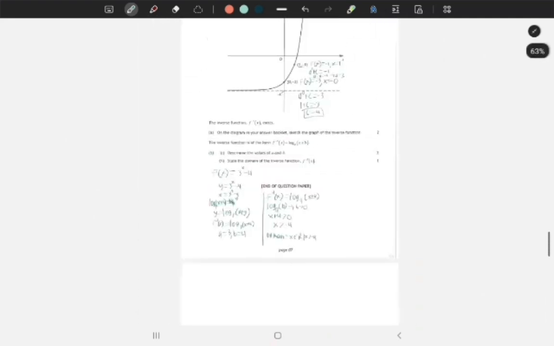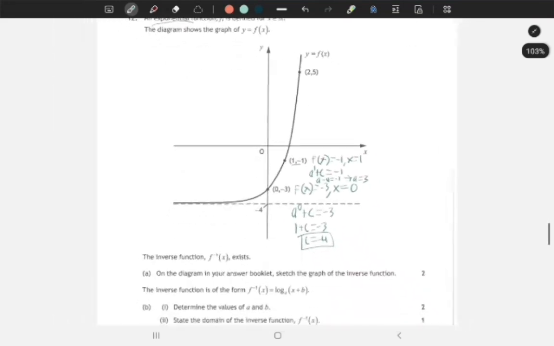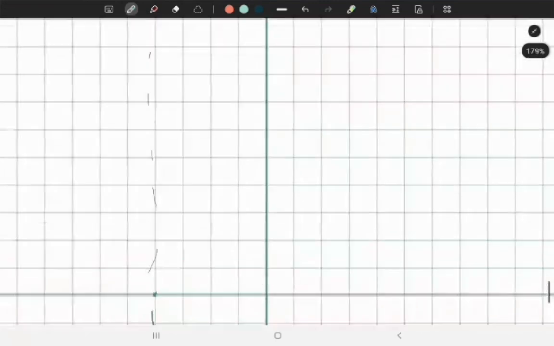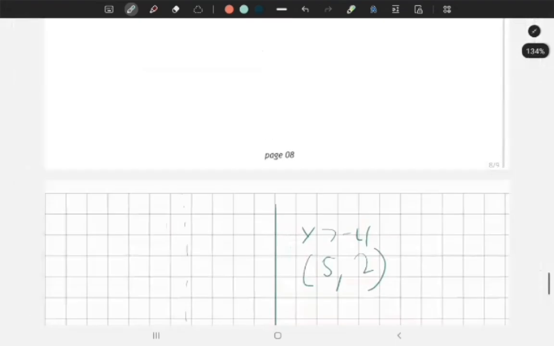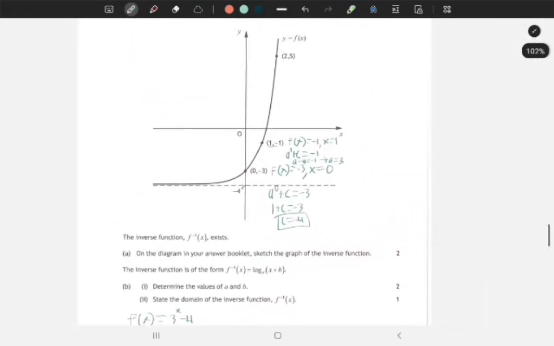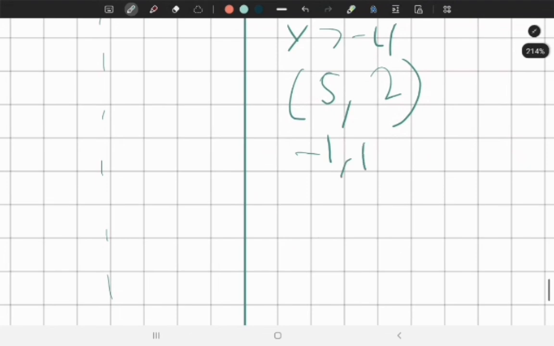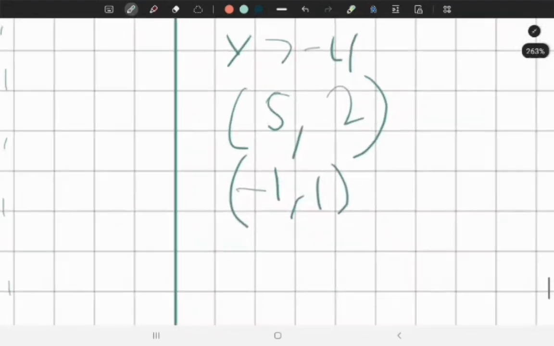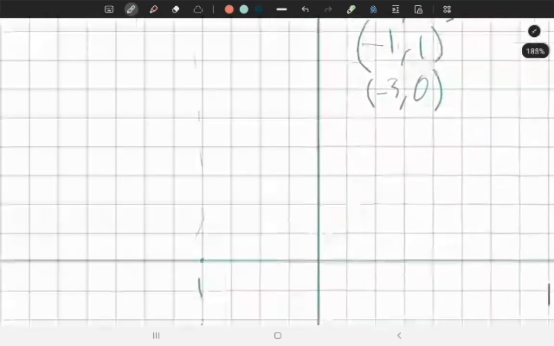And now let's look at the values. Since the points are 2 and 5, we get the values 5 and 2, and there's the point negative 1, 1, and the point 0, negative 3, that means it's negative 3, 0.